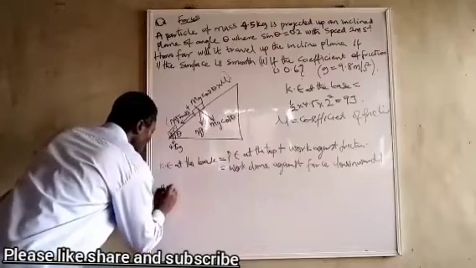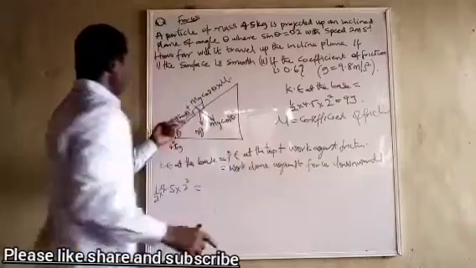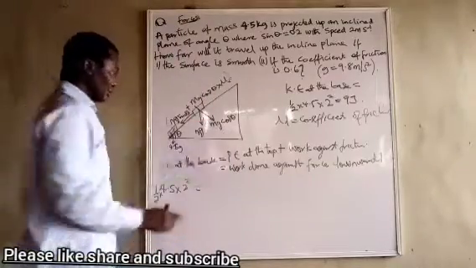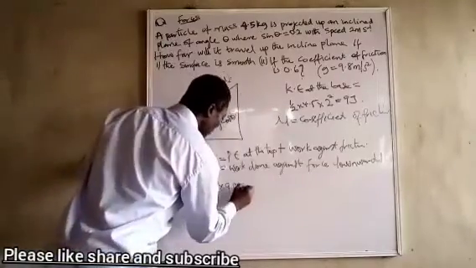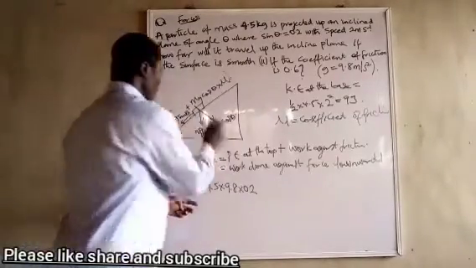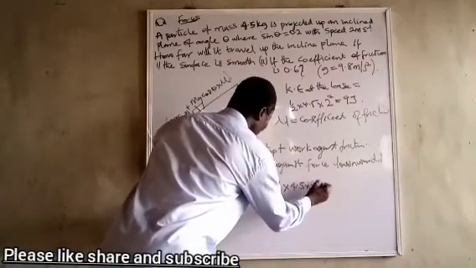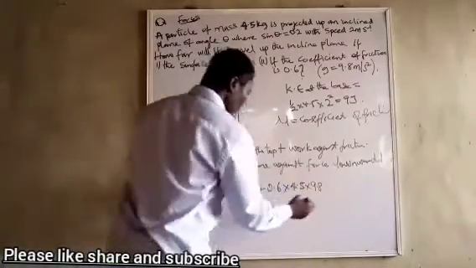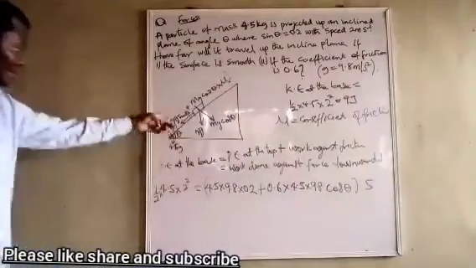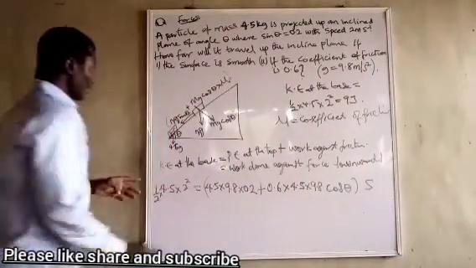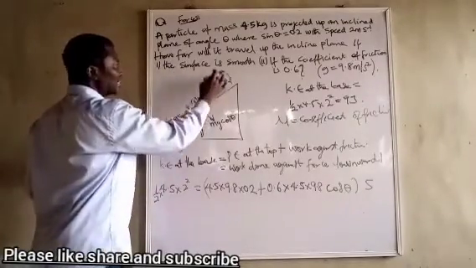Therefore, we have half times 4.5 times 2 squared will be equal to the total force downward multiplied by S. That is 4.5 times 9.8 times sine theta, 0.2, plus 0.6 times 4.5 times 9.8 times cos theta, all multiplied by S. This is the force overcome by the body in climbing up: mg sine theta plus mg cos theta times the coefficient of friction.